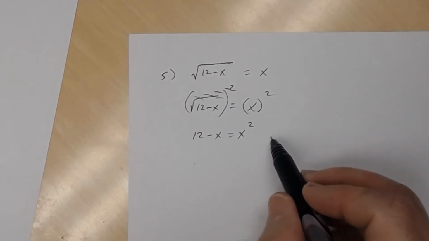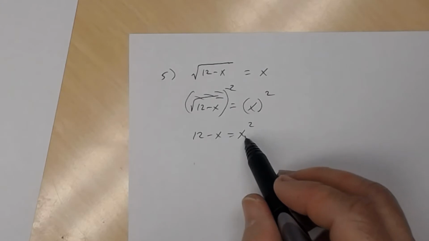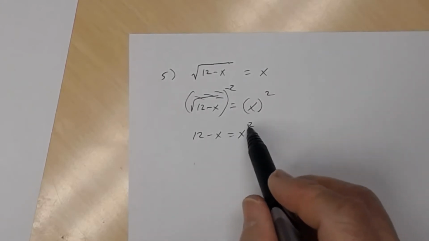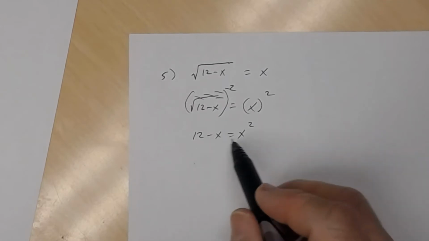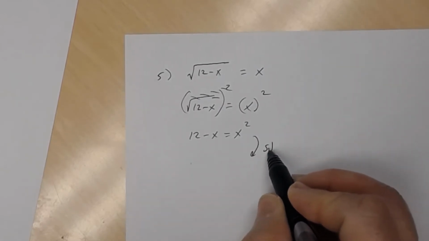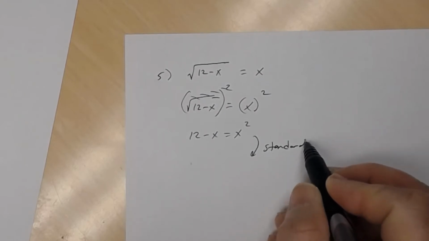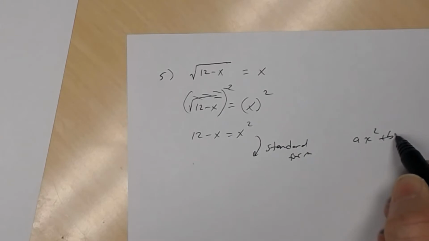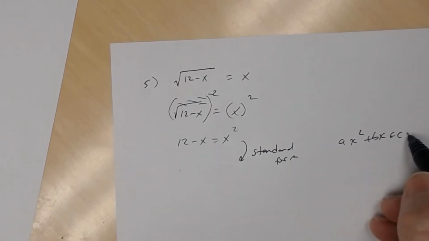Now to solve this quadratic equation, you first have to write it in standard form. Since x squared is positive over here, I'm just going to bring everything else to this side. Remember standard form, you have to have 0 on the other side: ax squared plus bx plus c equals 0.